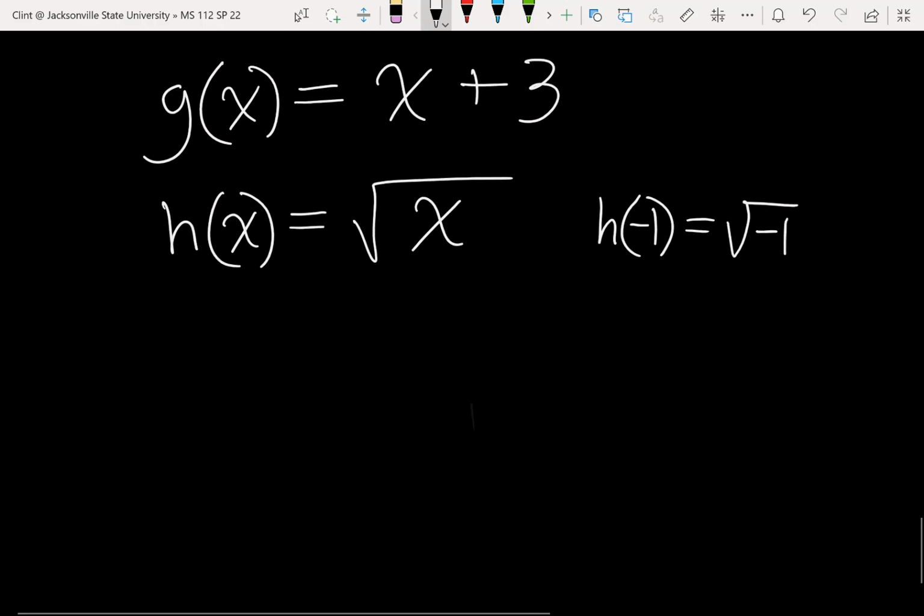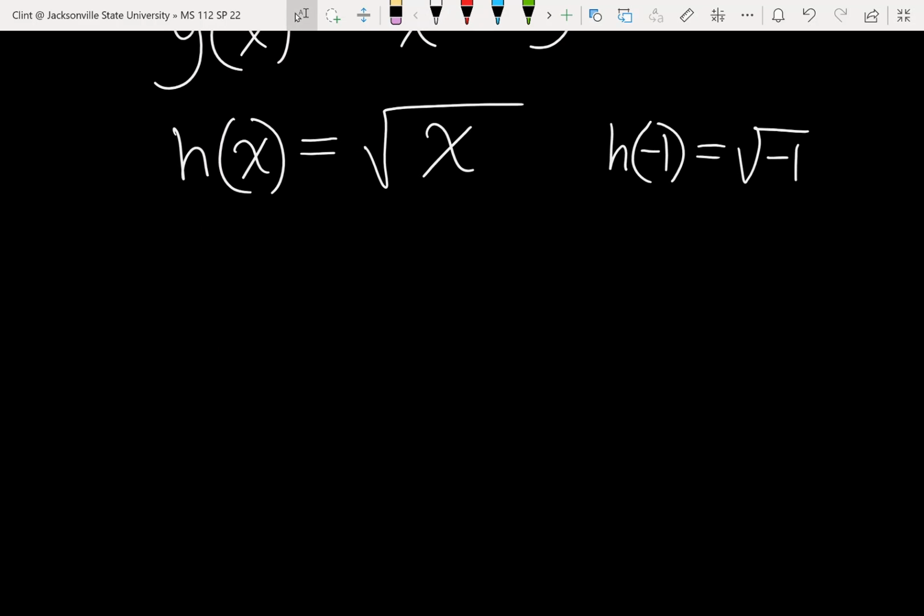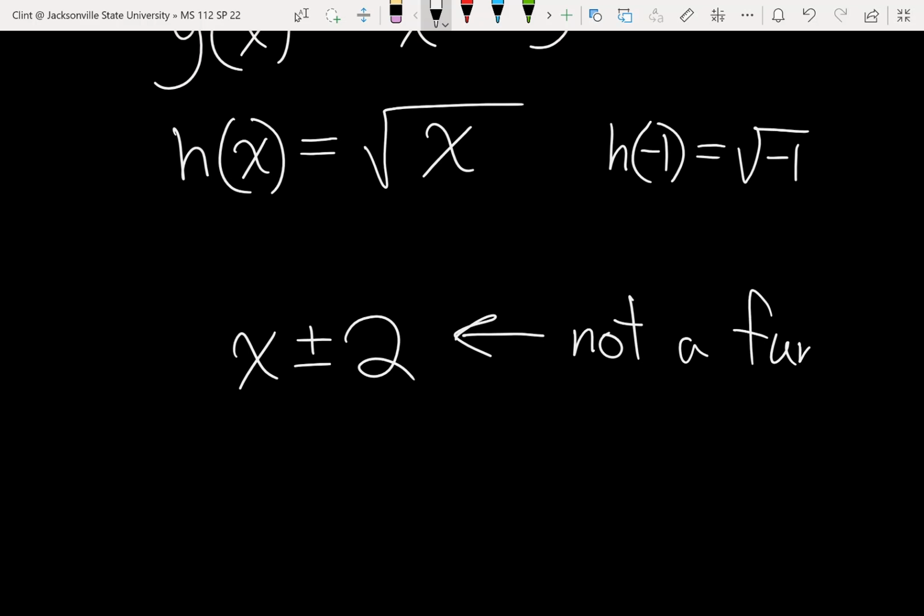Something that would not be a function, we're not really going to see these, but if we had something like x plus or minus 2. Okay. That one would not be a function. Why is that not going to be a function?